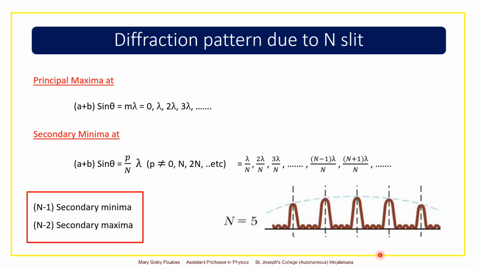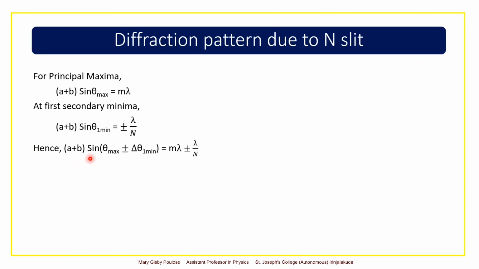And we have another angle theta 1 minimum to the first secondary minima near to the principal maxima. If we take the expression for path difference having both these angles, we get (A plus B) sine of theta max plus or minus delta theta 1 minimum, the change in the angle for the first secondary minimum, and that is equal to m lambda plus or minus lambda by n.